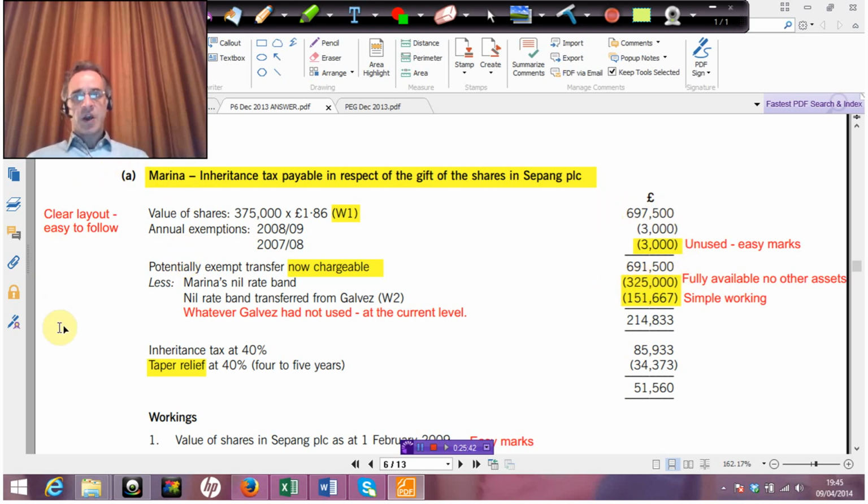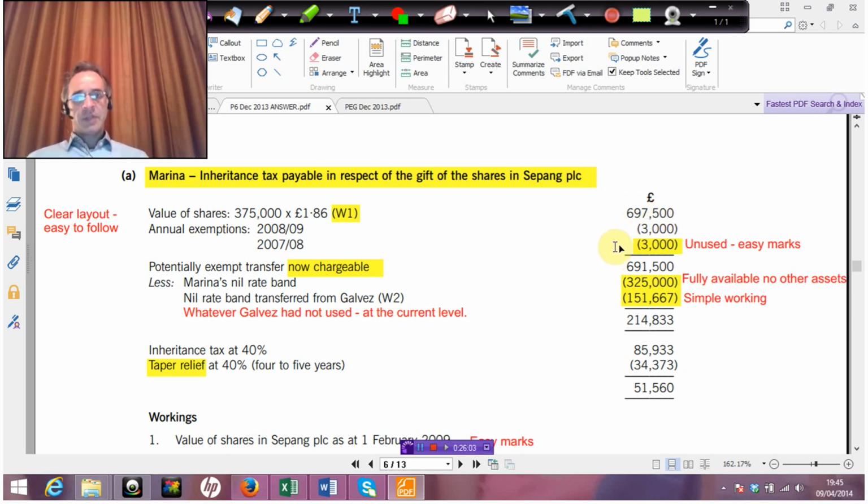Now, what you'll see overall with this calculation, and I will move the screen down in a second, is it's a fairly clear layout. It's easy to follow, and this would be the way that we would attempt questions in class. At the end of the day, we're looking for some sort of value of the gift, 697. I'll come to the calculation of that in a moment.